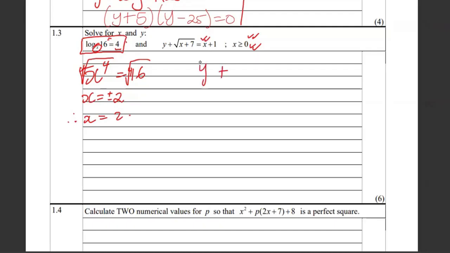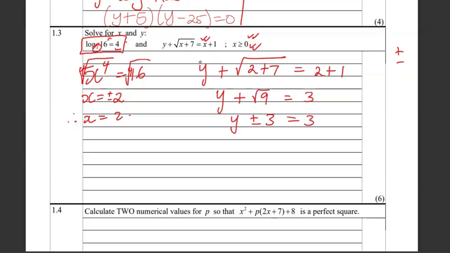So y plus the square root of 2 plus 7 should give us 2 plus 1. So y plus the square root of 9 should give us 3. But we know that the square root of 9 is positive or negative. So y plus or minus 3 should give us 3.